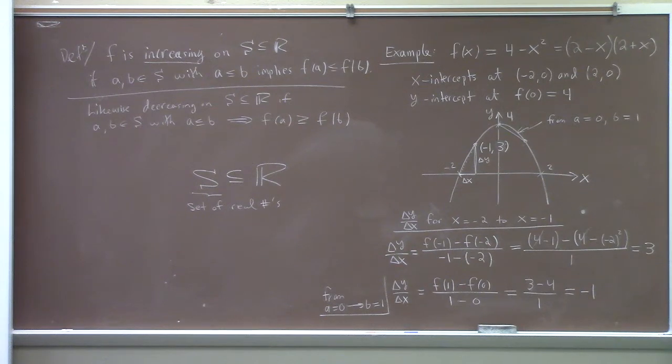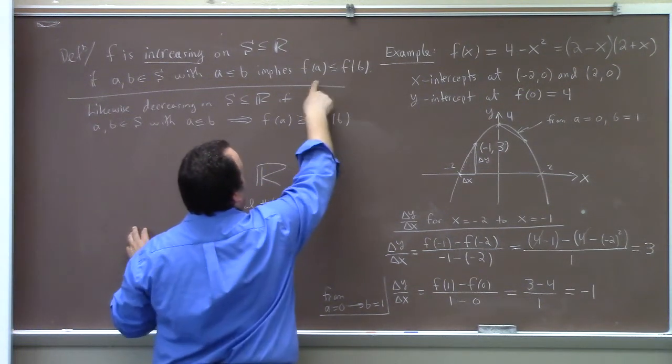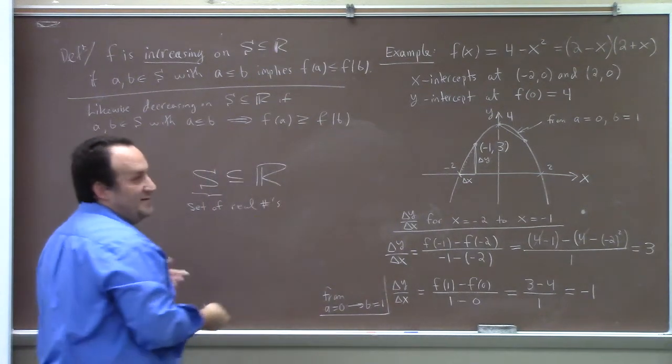What happens if the function is both increasing and decreasing? Could that even happen? What would that mean? F of A is less than or equal to F of B, and F of A is greater than or equal to F of B. What does that mean?